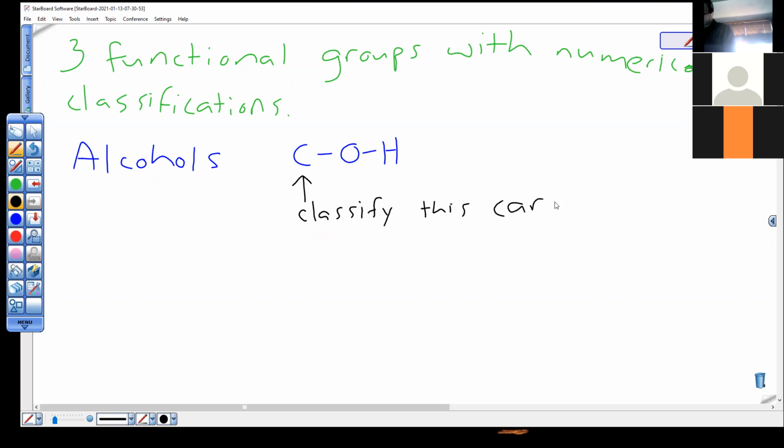And there's 4 possible classifications. If there are no other carbons attached to that carbon, you have this molecule, and the classification is methyl. It doesn't even get a number.